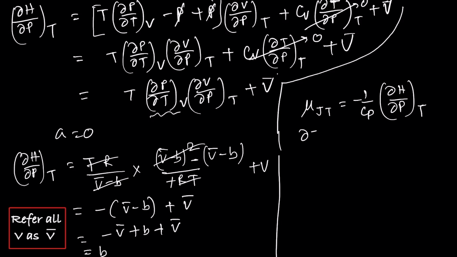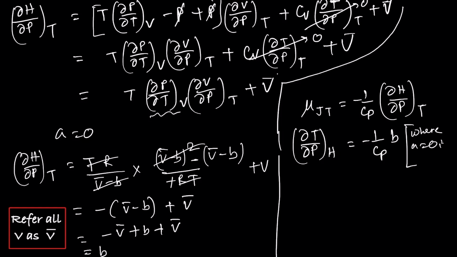We know it is del T by del P at constant H, that was the Joule-Thomson coefficient, right, which is minus 1 by Cp into B, in the van der Waals gas case where A equal to 0. Now B is a positive quantity, Cp is a positive quantity. What does it mean?